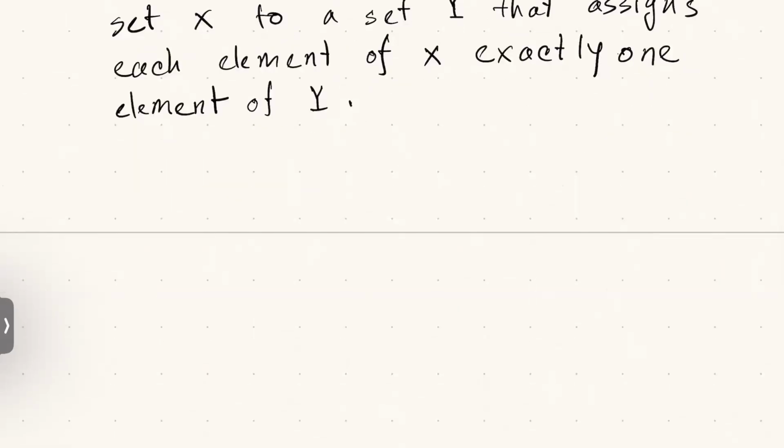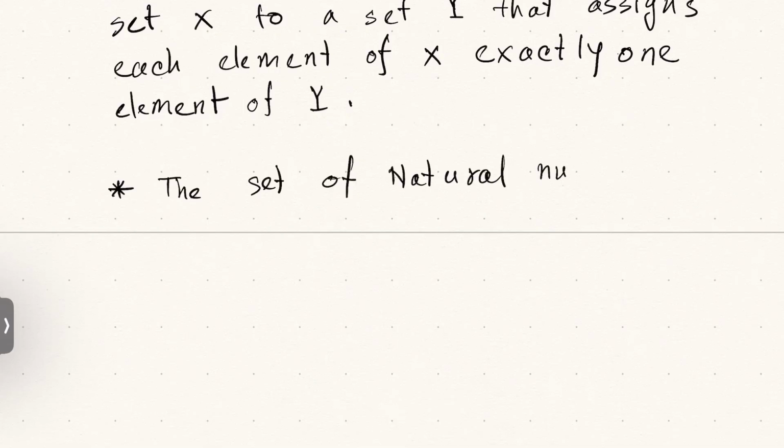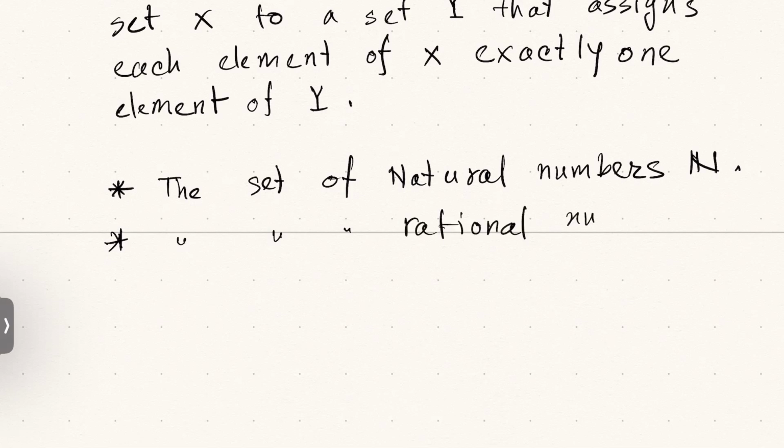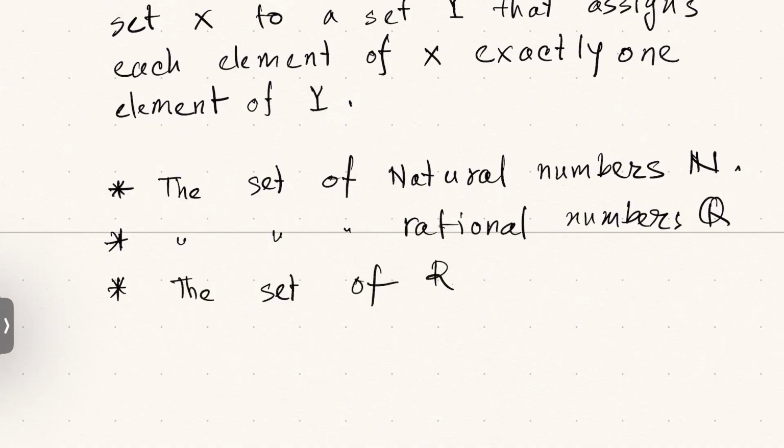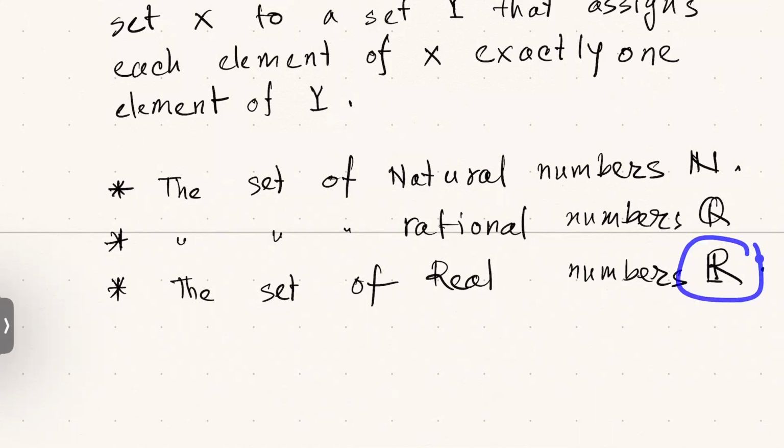We also have the set of natural numbers, the set of rational numbers Q, and finally the set of real numbers, and that is R. We are mostly interested in this set, the set of real numbers.